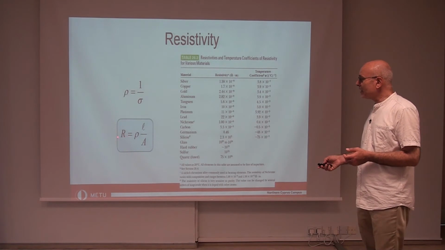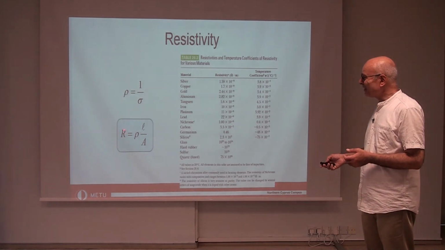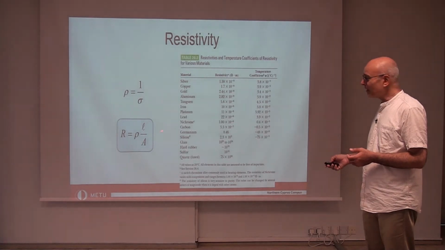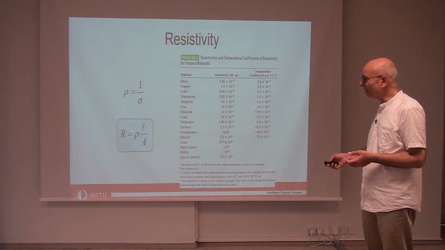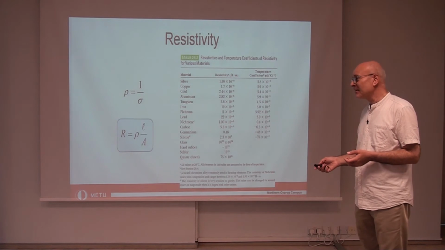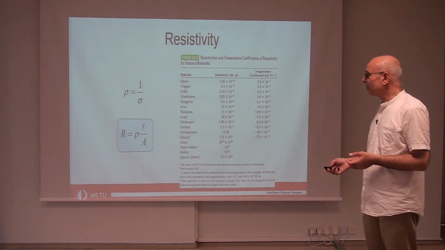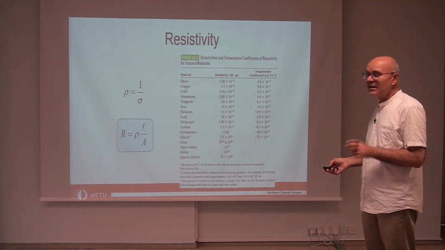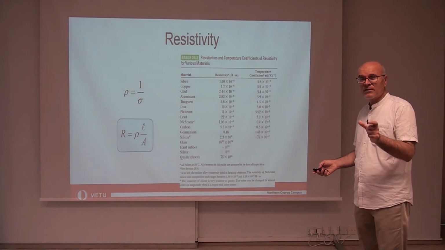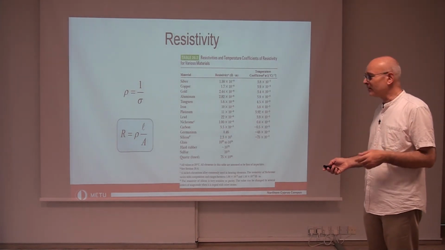Now, as you can see, L and A are geometrical factors that depend upon the conductor, but rho is a quantity which depends on the material. Different materials have different rhos. It varies only with temperature.